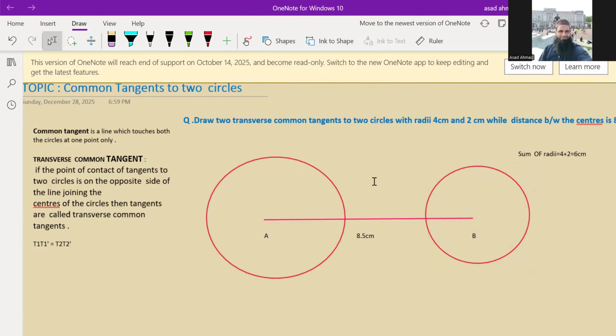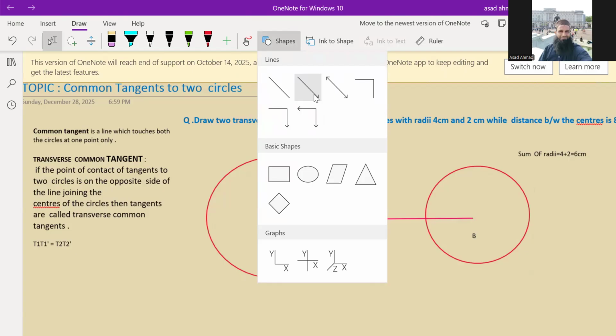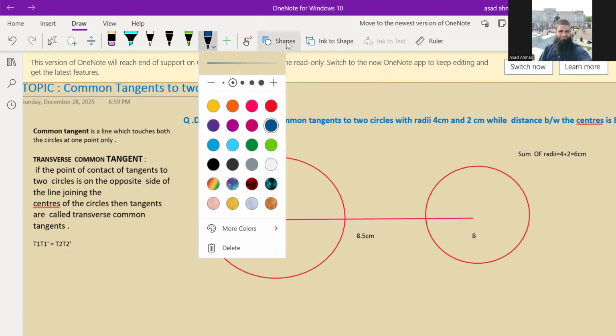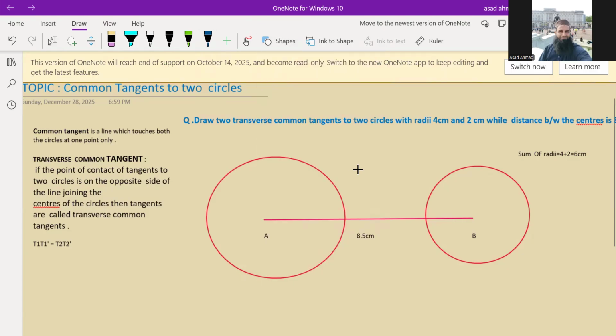For this, we again take one common step, as we did in the previous part, the direct common tangent. Draw the perpendicular bisector of AB to find the midpoint. We will draw one perpendicular bisector, and it will be exactly in the middle of line segment AB.